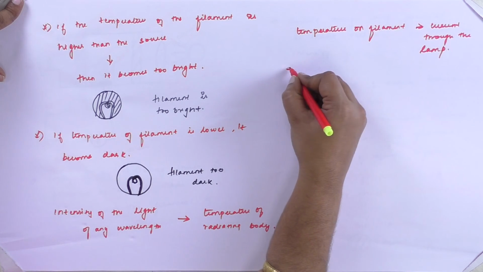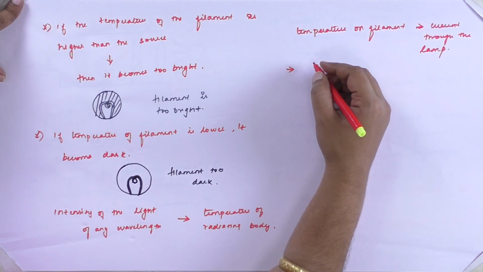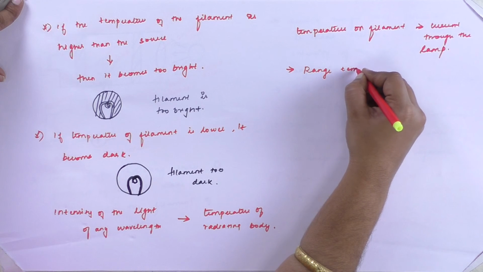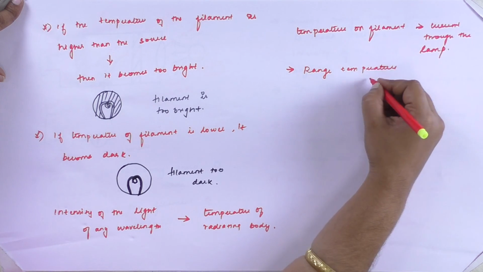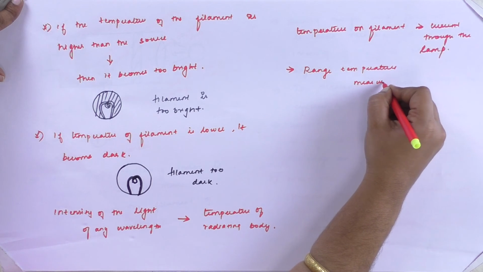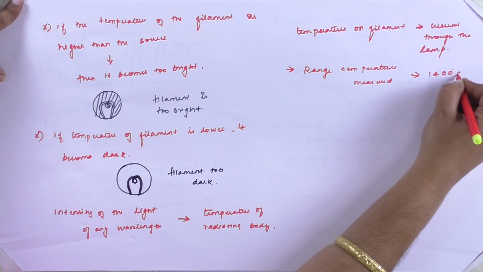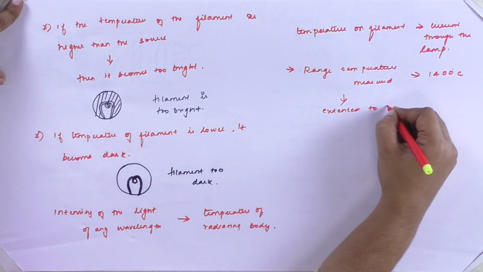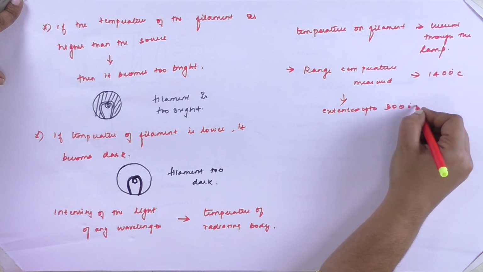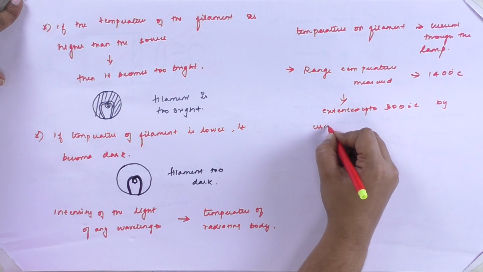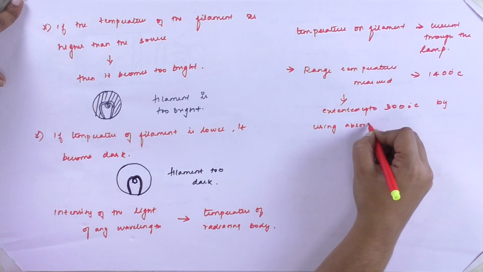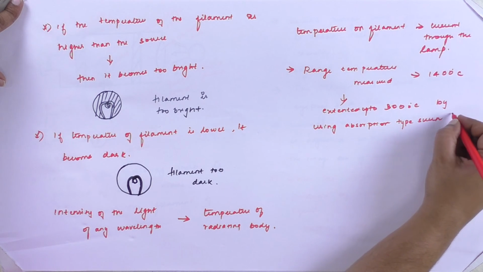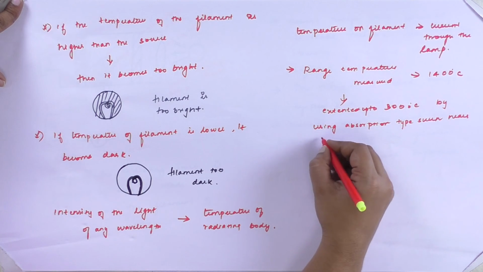So the range of temperature which can be measured by using this disappearing filament type optical pyrometer is of the order of 1400 degrees Celsius, and the range can be extended up to 3000 degrees Celsius by using an absorption screen near the lens.